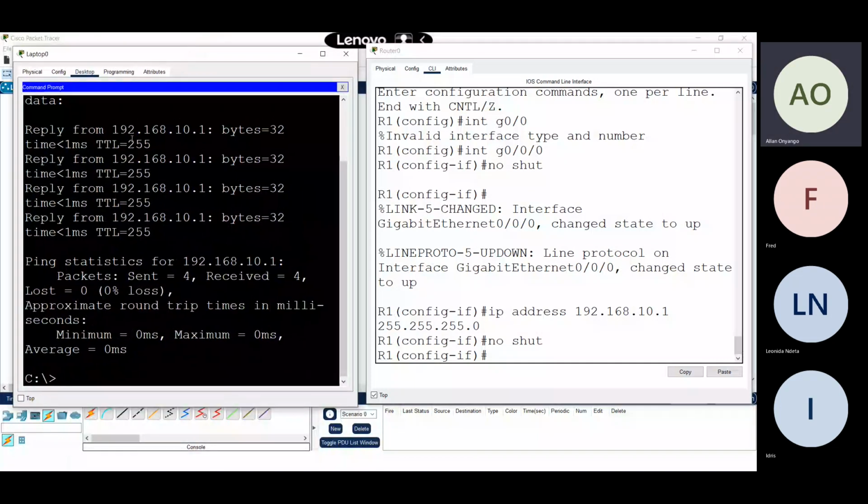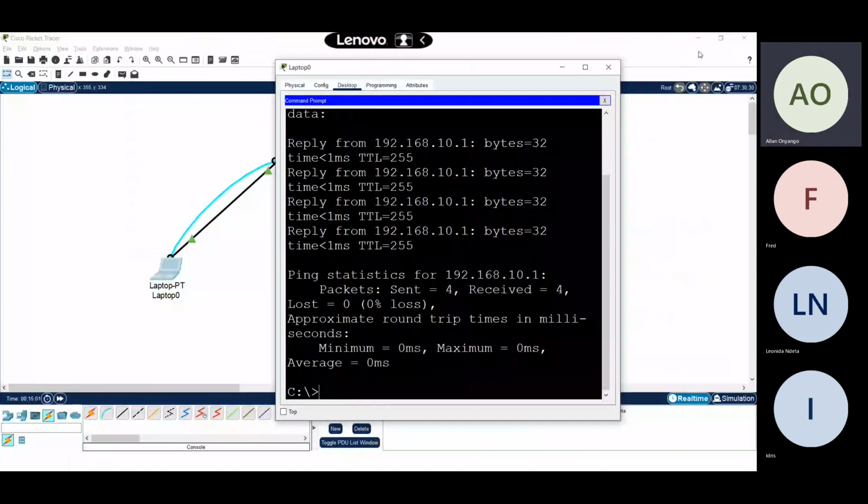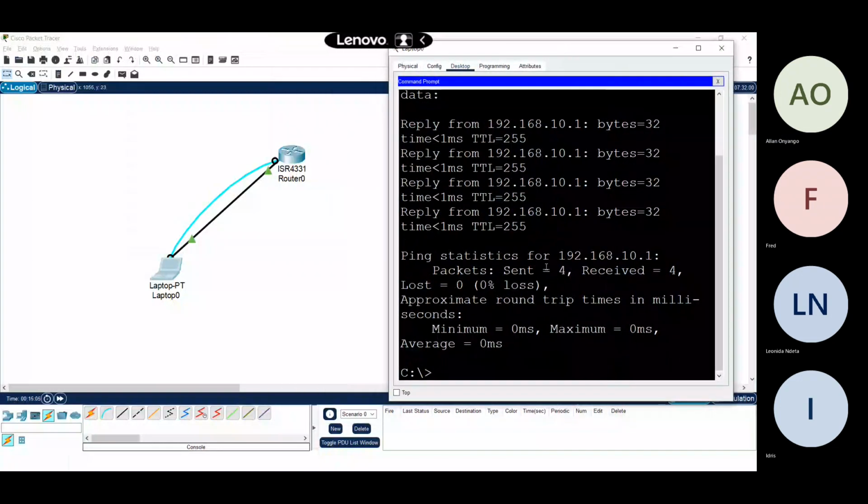Now, I want to access the command line of the router from the computer.